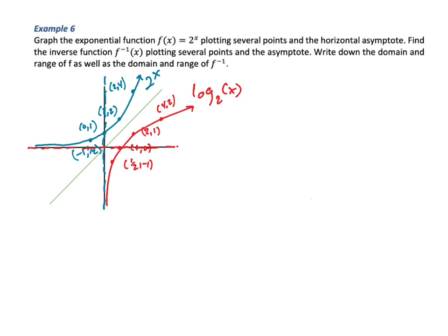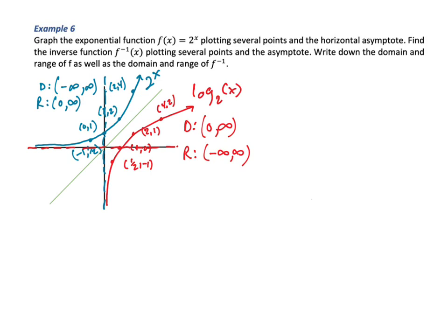If we take a look at the domain and range of the exponential function, the domain is from -infinity to infinity, and the range is 0 to infinity, so from not quite touching the horizontal axis up to positive infinity, which means for our inverse, for our log function, the domain and range are switched. So the domain now is from 0 to infinity, and the range is -infinity to infinity.